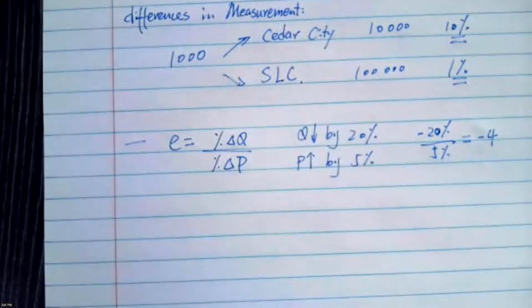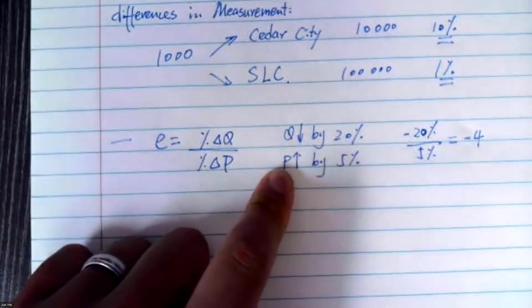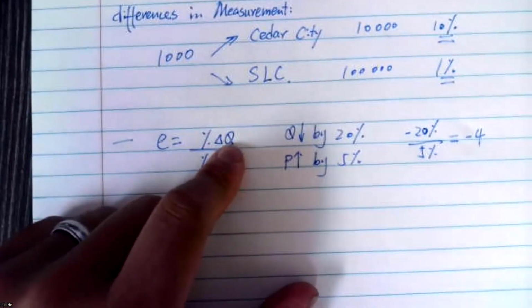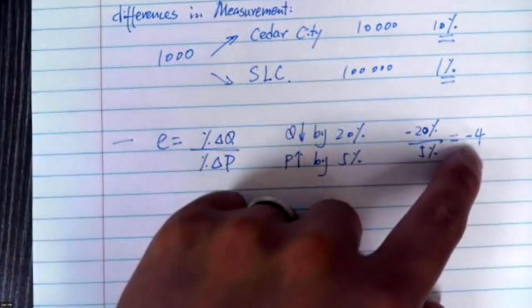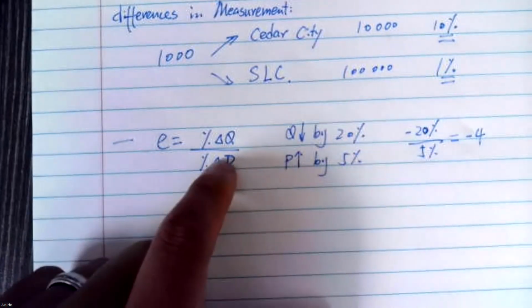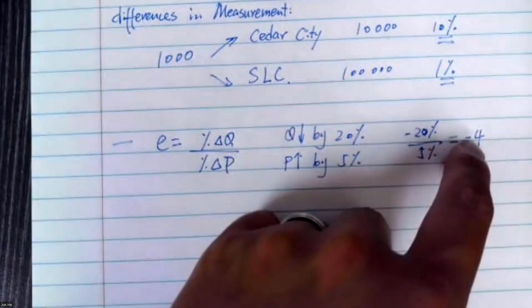So what does that tell you? That tells you, okay, per 1% change in price, the quantity demanded in this case is estimated to drop by 4 times the price change, right? So if the price increases by 1%, then quantity decrease should be 4%.